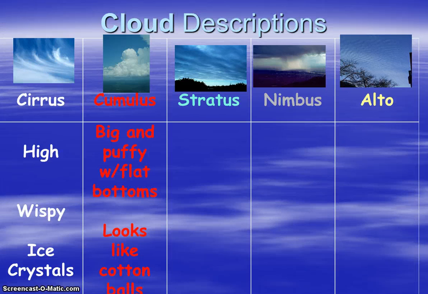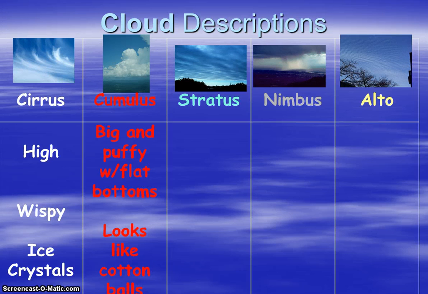Now let's go back to that first column, because I hope you noticed that the first column was already filled out. Cirrus clouds are high. They're very wispy looking, as you can see in the picture, and they often have kind of a hook design also on them.